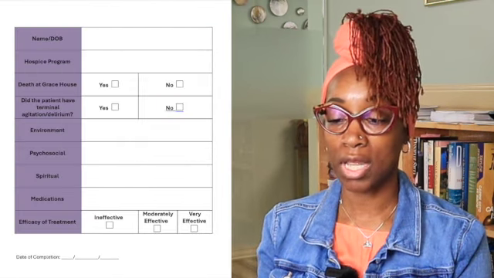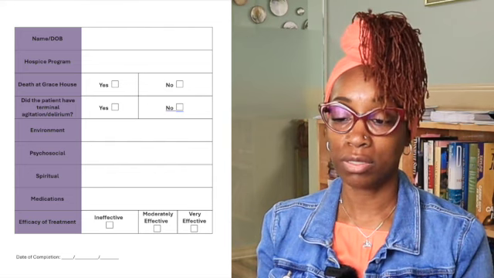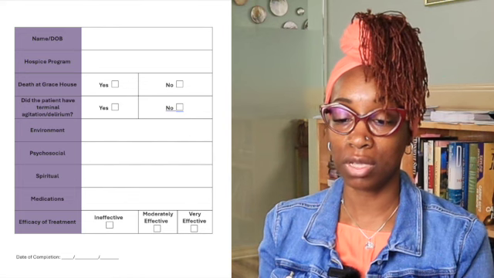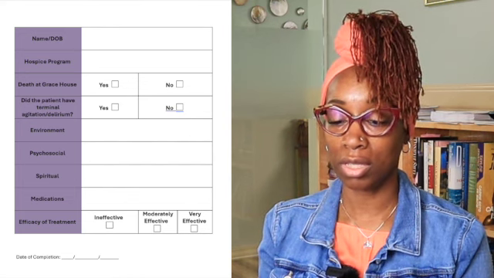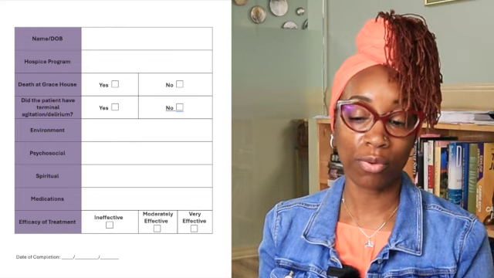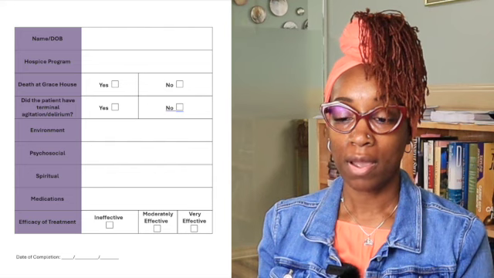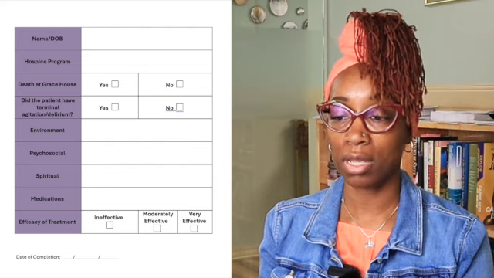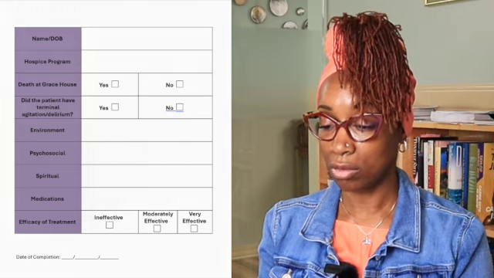And it gives us an idea of the likelihood of them developing delirium as they go through this end-of-life process. So I've included the link so that you can familiarize yourself with it, just so you know what's being rated and how we're rating it and what that means. So just take a look at that.